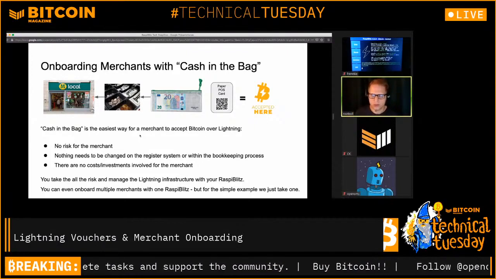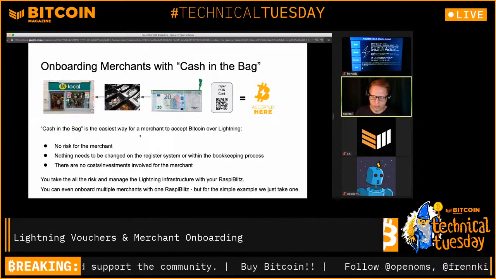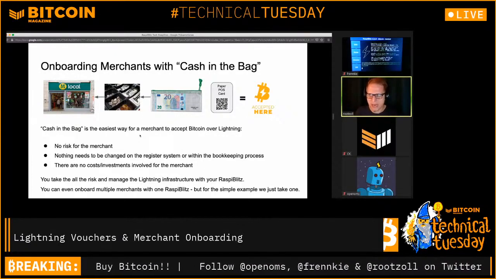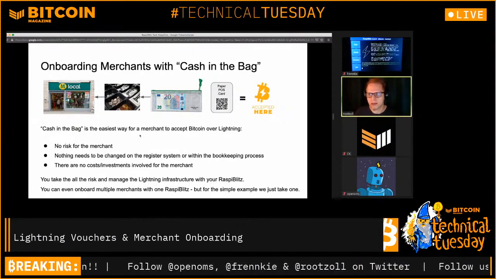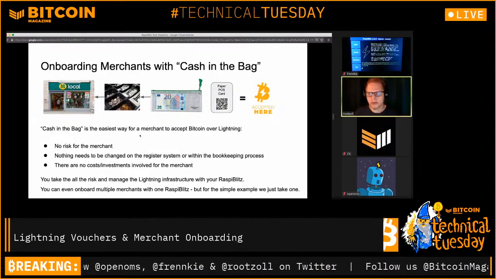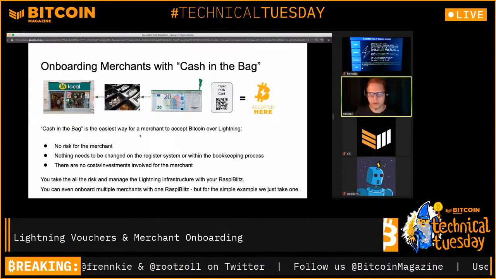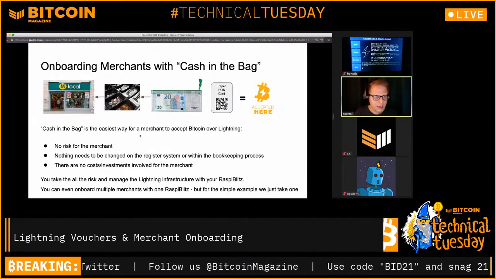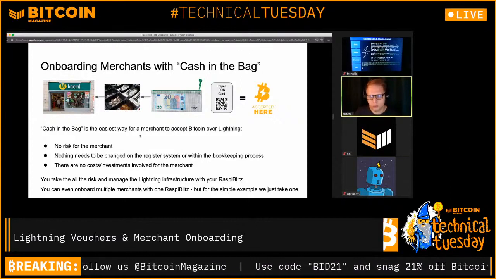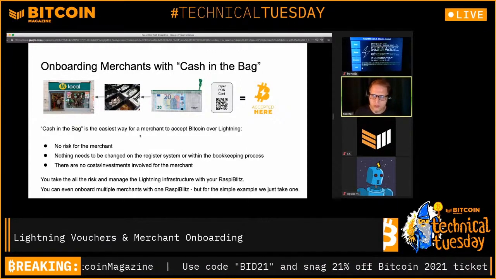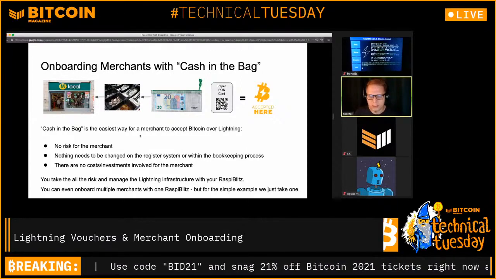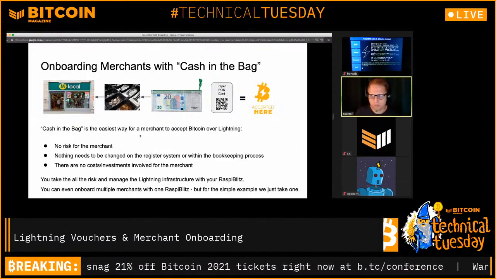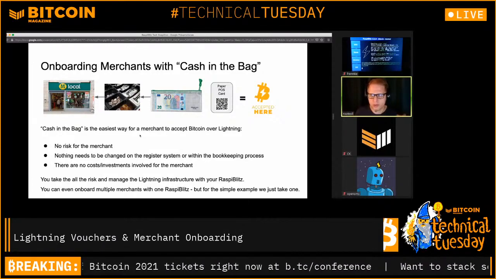This is what you're doing with your normal node management, and with LNbits and the cash in the bag, you can make it very easy for a merchant to utilize your setup to accept Bitcoin and get cash in the end. So this is what we will see. You could even do multiple merchants with one Raspberry Blitz, but to keep this simple, now just talk about one. In the future, you should be able to have multiple merchants with one Raspberry Blitz.